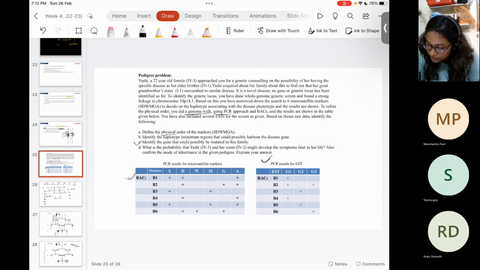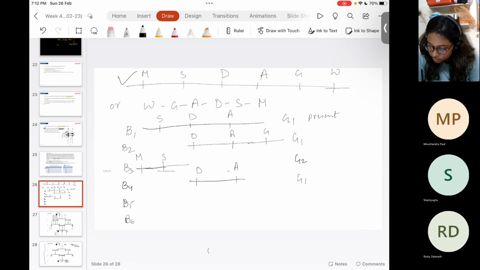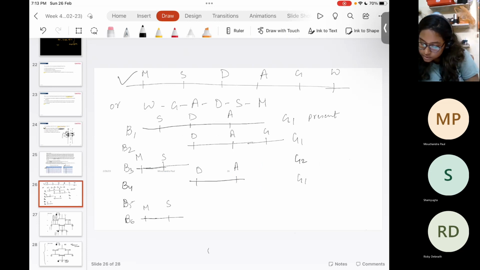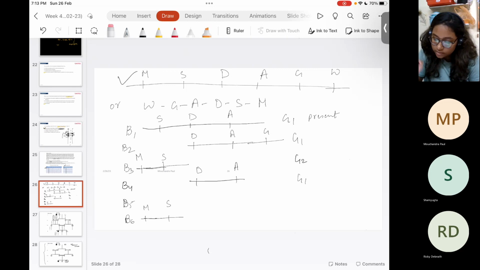B5, we had S, M, A. I think I have made an error in physical ordering, which I'm just identifying just now.